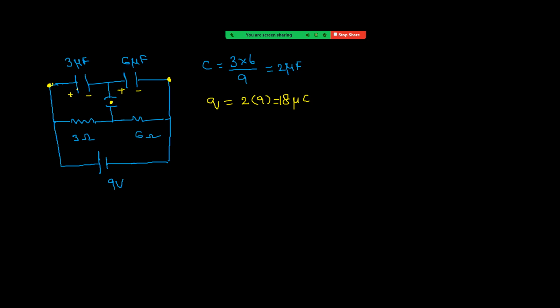When the switch is closed, the potential difference across the 3 microfarad capacitor equals the potential difference across the 3 ohm resistor.